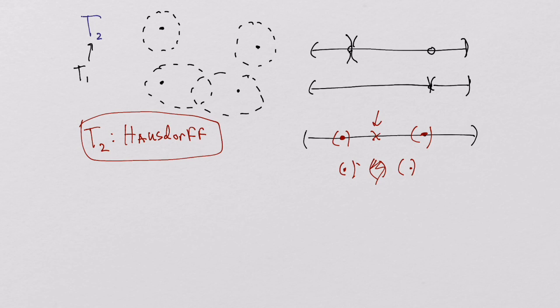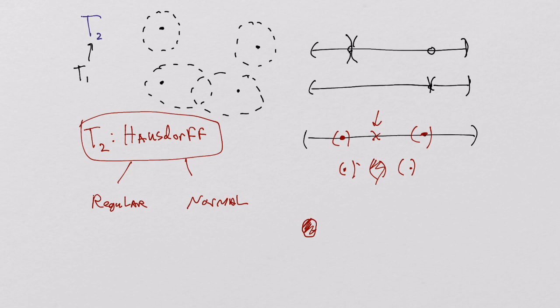Now, you can actually get stronger than Hausdorff. You can have Hausdorff spaces that are regular and Hausdorff spaces that are normal, right? And now what you're talking about is taking closed sets.